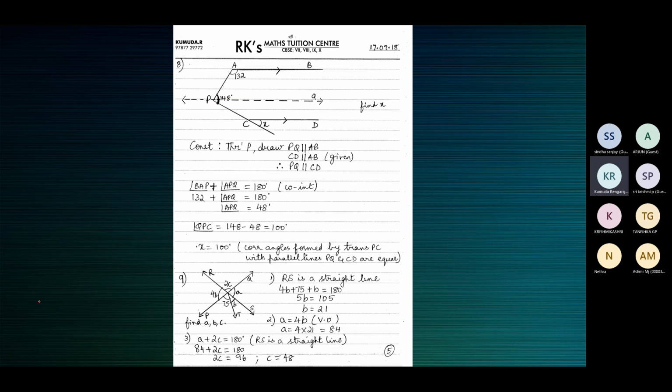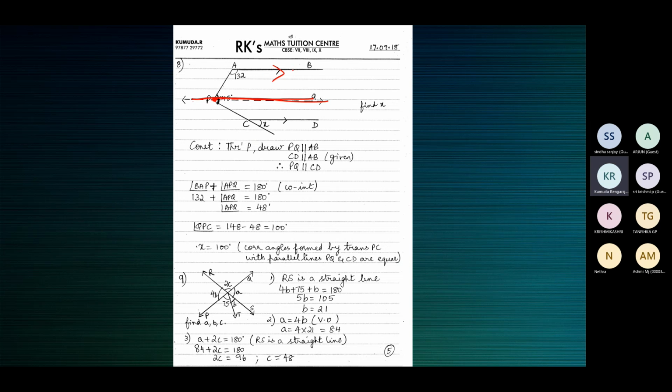Construction is something which is possible. Through this point, you can draw so many lines passing through that point. Of those infinitely many lines, there will definitely be only one line that is parallel to AB.